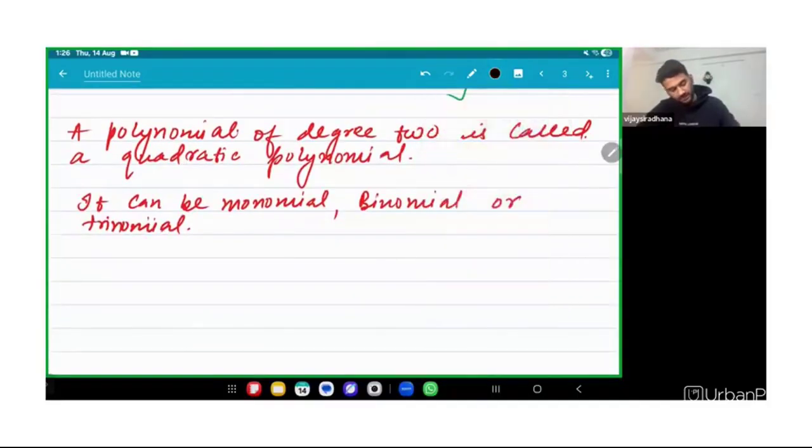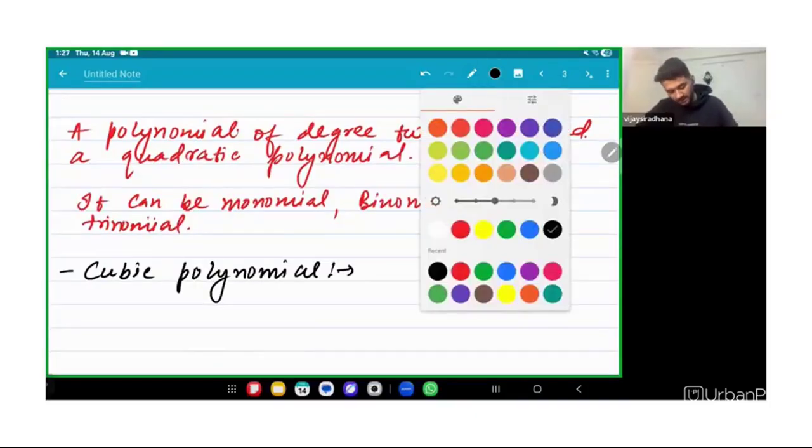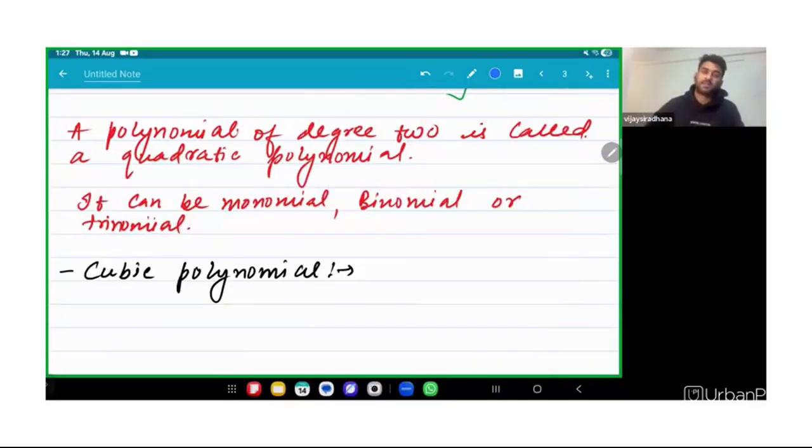Now, the third thing is the cubic polynomial. You might have guessed that in a cubic polynomial there should be an exponent of 3. So we'll write the examples: 4x cube plus 2x square plus 7x plus 2.